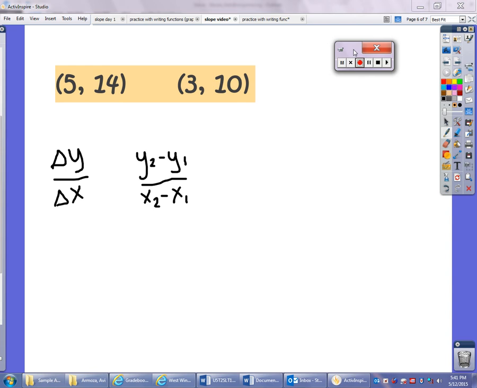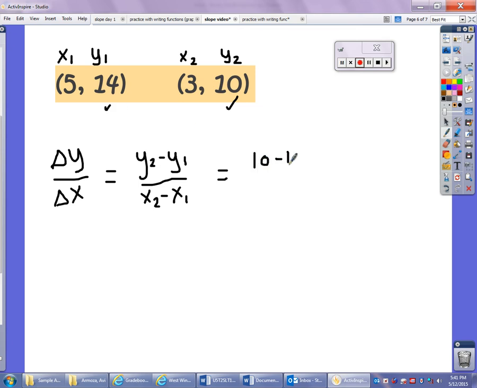That's so that we subtract in the right order. So one of your points you have to call point 1. So if this is point 1, this is the x of point 1 and the y of point 1. And if this is point 2, or coordinate number 2, this is x of point 2 and the y of point 2. So when I do y2 minus y1, I'm taking the y coordinate and subtracting the other y coordinate.